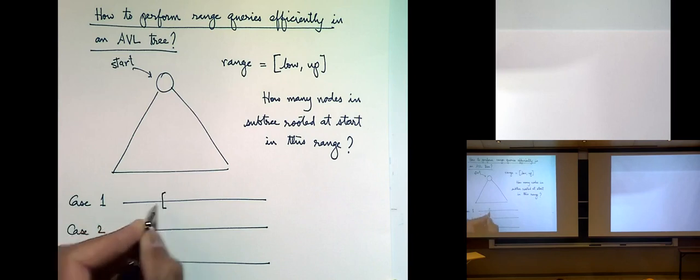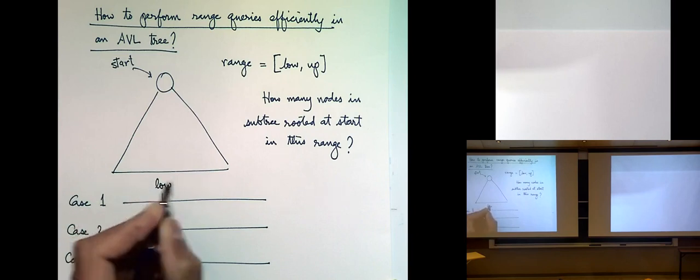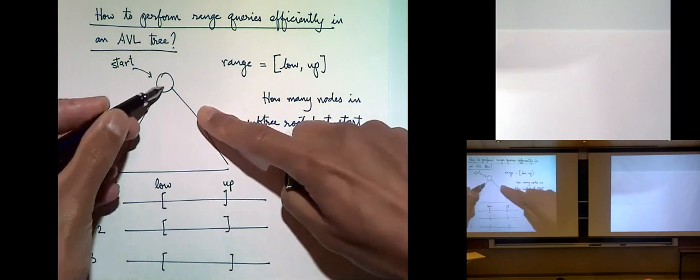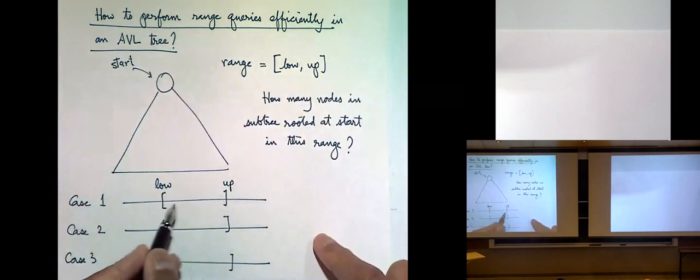I'm just thinking of this as low and this as up, drawing these numbers on the number line so that you can see the comparisons. You're trying to find out how many nodes of the subtree lie in this range.